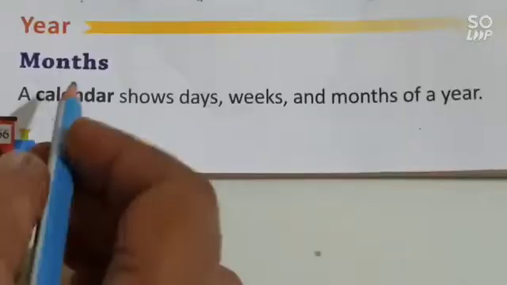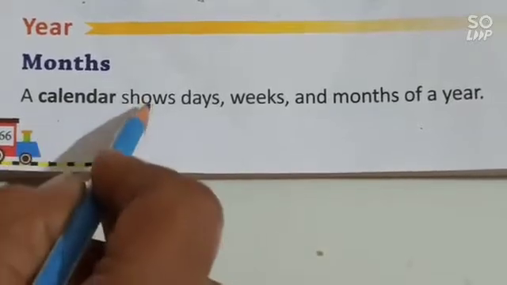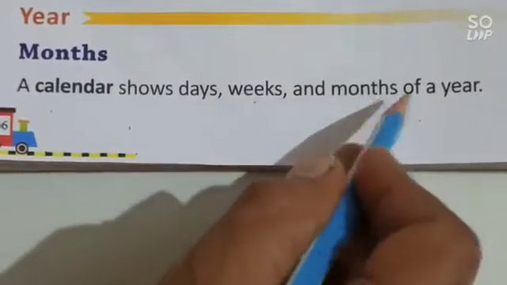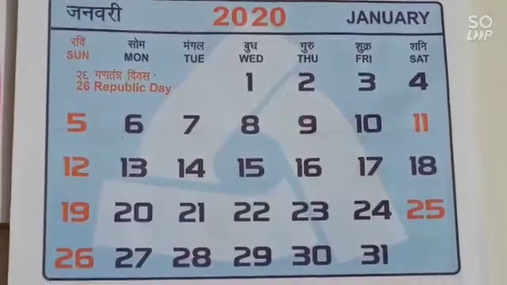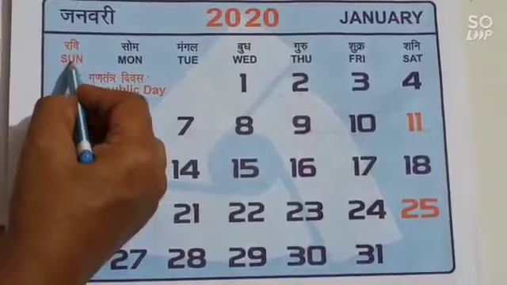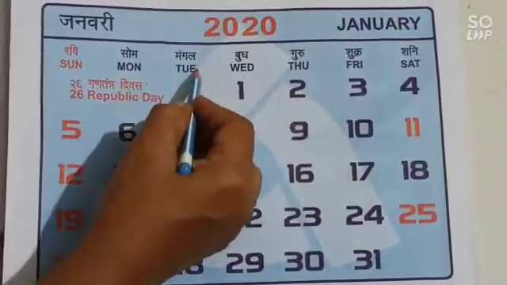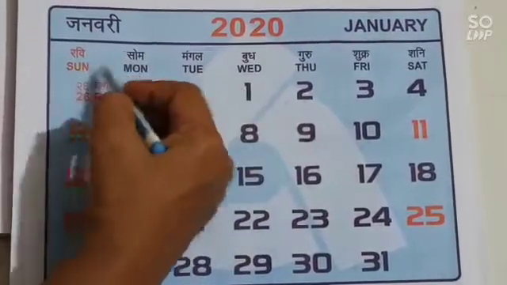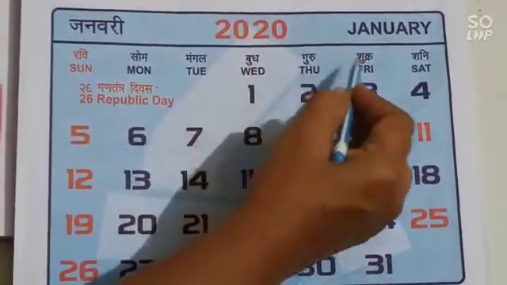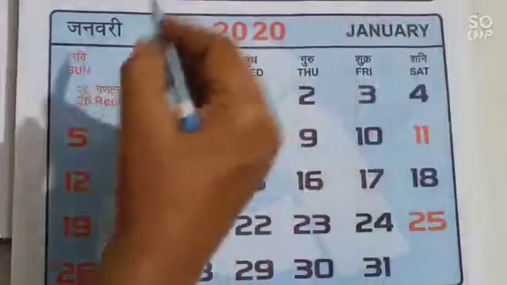A calendar shows the days, weeks and months of a year. Look here. In this month, here are the days: Sunday, Monday, Tuesday, Wednesday, Thursday, Friday, Saturday.